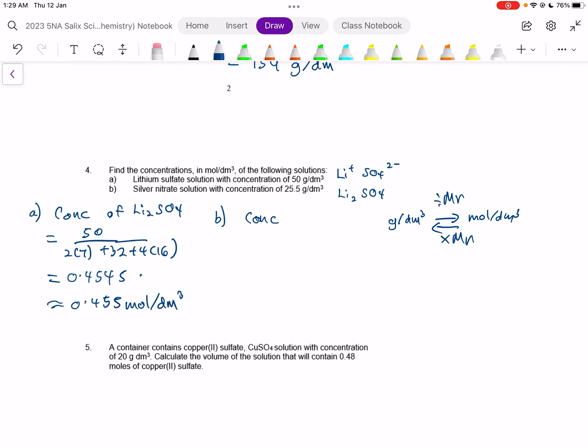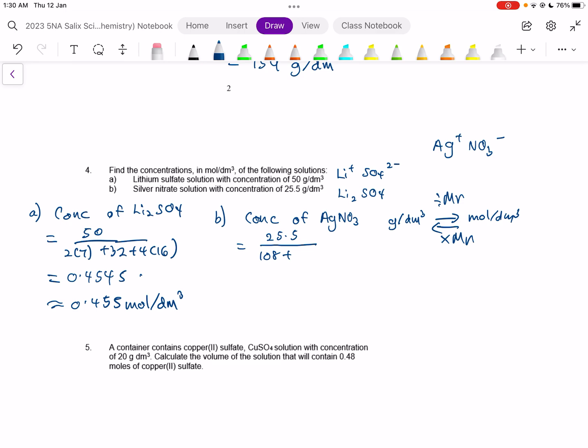Then the concentration of your silver nitrate. 25.5 divided by silver, Ag, 108. Silver is 108. Silver in silver nitrate is always +1, although it's not in group 1. It's one of those unique ones.